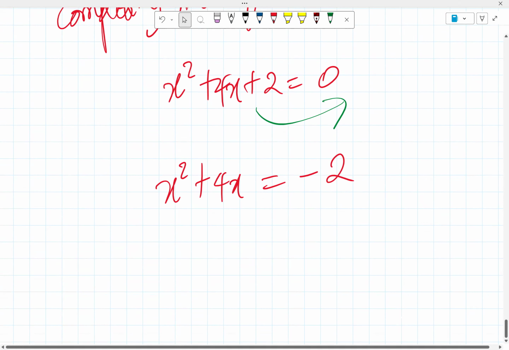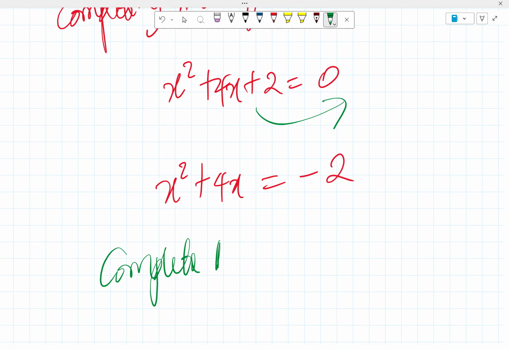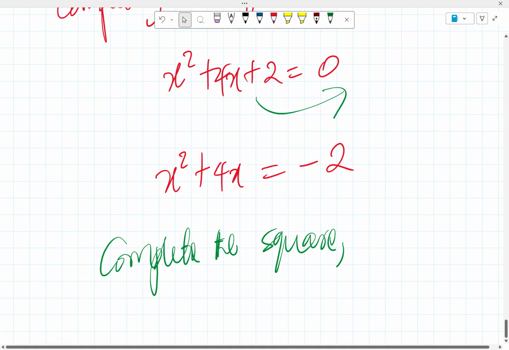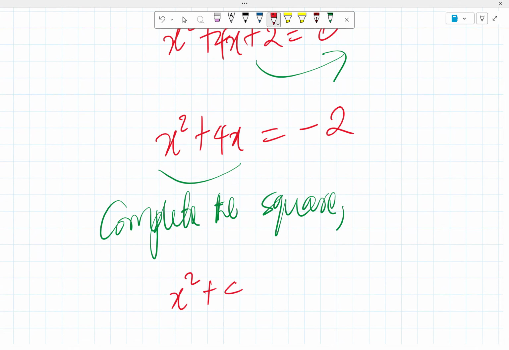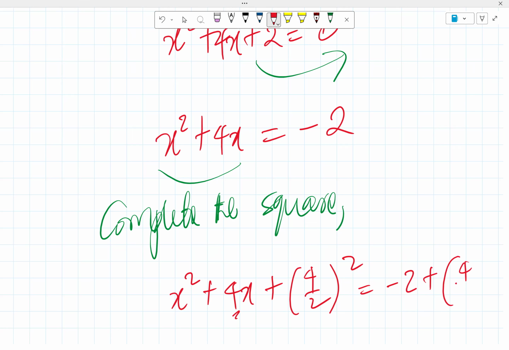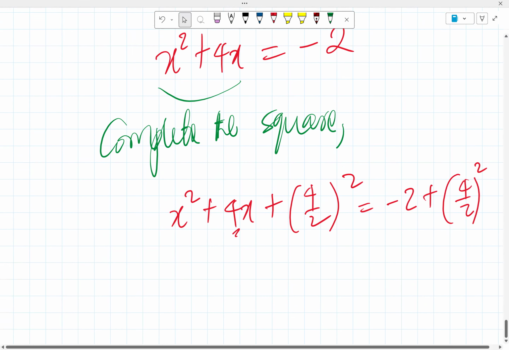Next, I complete the square, right? Completing the square means that on the left-hand side, I want to make this a perfect square. So how do we make that the perfect square? We have x squared plus 4x plus this 4, which we divide by 2 and square, equal to minus 2 plus that 4 divided by 2, squared.